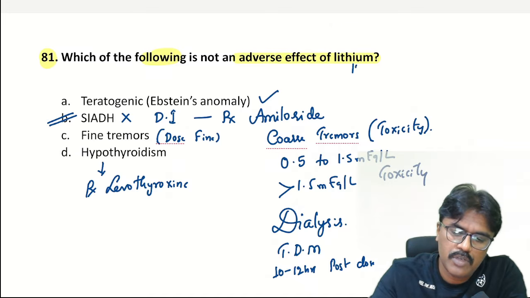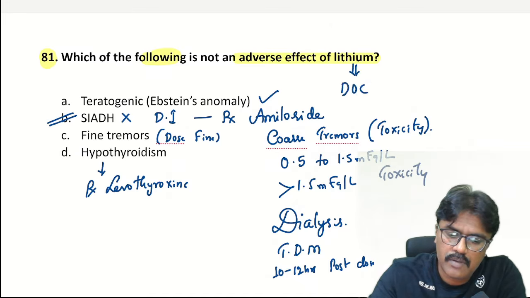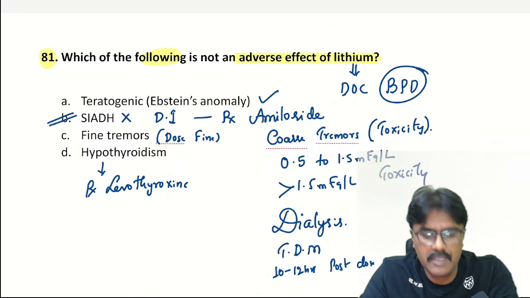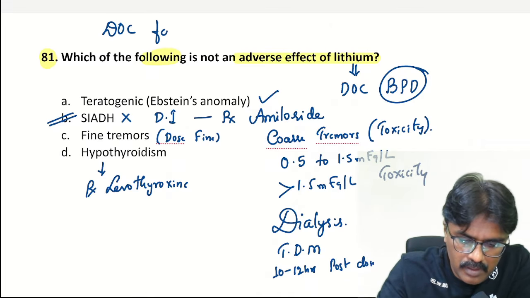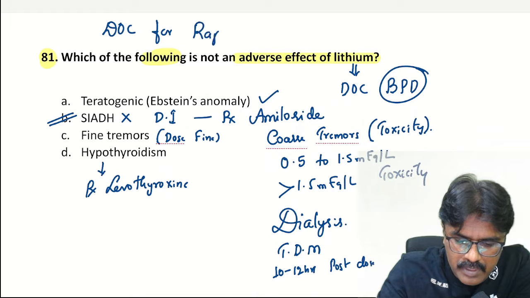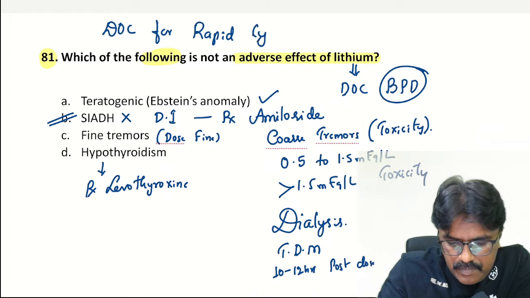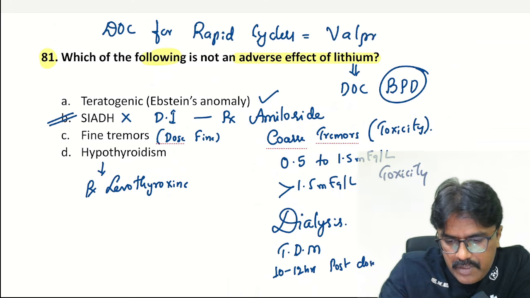And it's the drug of choice for bipolar disorder prophylaxis, since it's a mood stabilizer. Again, the question is drug of choice for rapid cyclers. It is valproate.